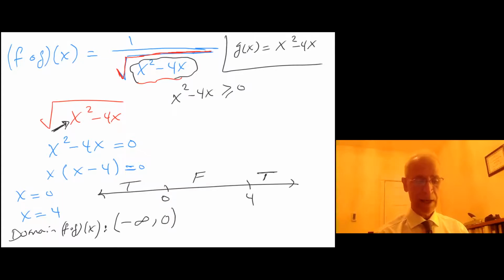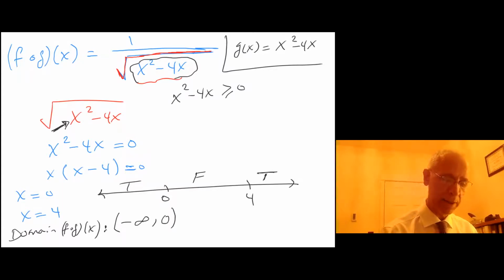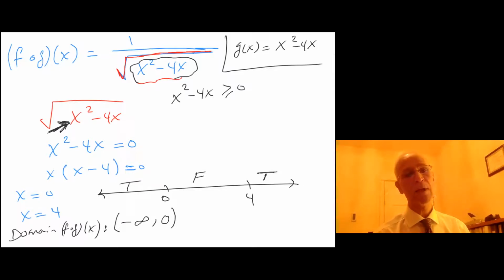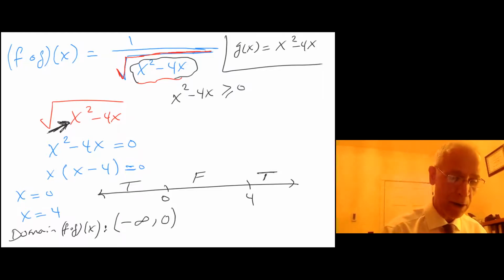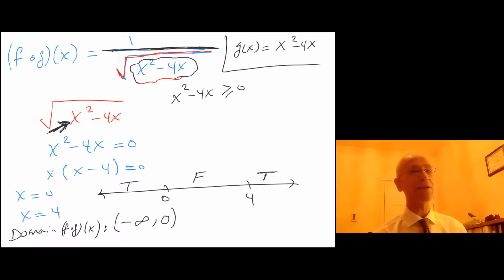Why is that? Because if I plug in 0 here, 0 squared is 0, minus 4 times 0 is 0, square root of 0 is 0, but all that is in the denominator, so I cannot have a 0 in the denominator, so 0 is not included.